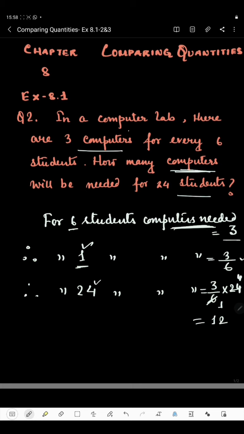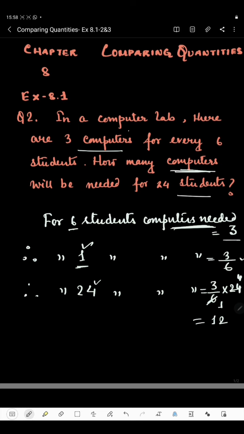So in the unitary method we find the value for 1, and then we find according to the question. Like here we had to find the number of computers needed for 24 students, so at first we found for 1 student, and then we got the number of computers for 24 students. Okay, so this was all about number 2.